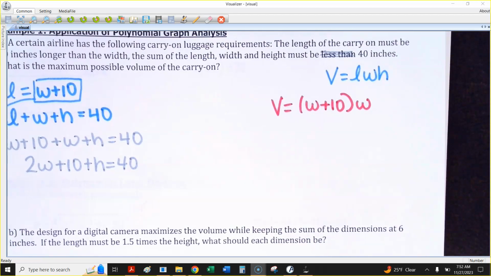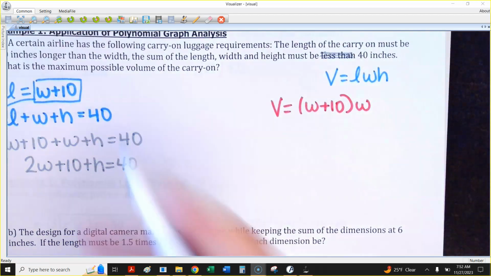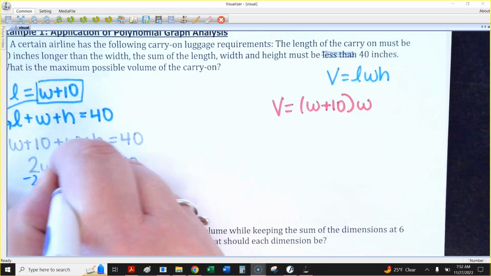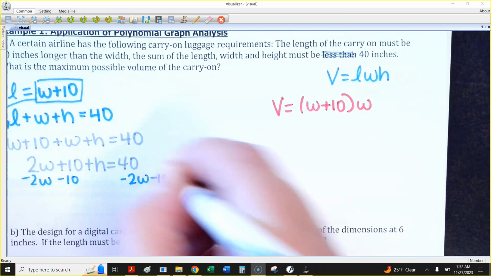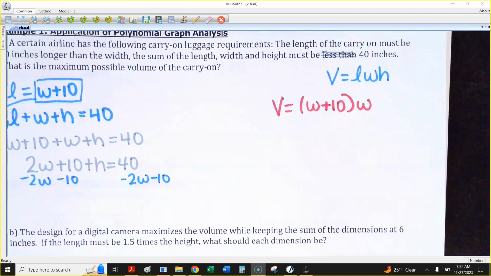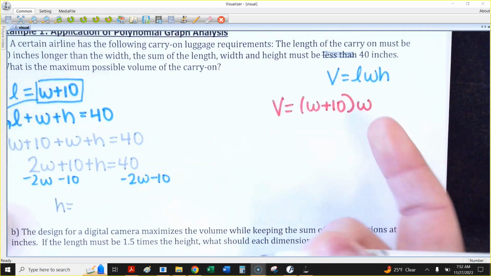Add it to what? Yeah, exactly. You're just going to get H by itself here. That's exactly right. All you're going to do, I'm actually going to subtract it because they're both positive, but we're just going to move those two guys to the other side, minus 2W minus 10. I'm trying to get the height in terms of the width, so then we only have one variable on the right side of our volume equation.